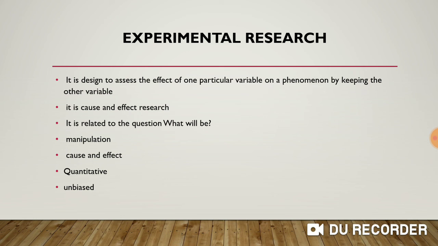Okay, so normally experimental research design is used to assess the effect of one particular variable on a phenomenon by keeping another variable. So whenever we are studying the impact of one variable on another, it comes under the category of experimental research. It is cause and effect research. It is also related with the question: what will be the effect, what will be the problem in the near future.